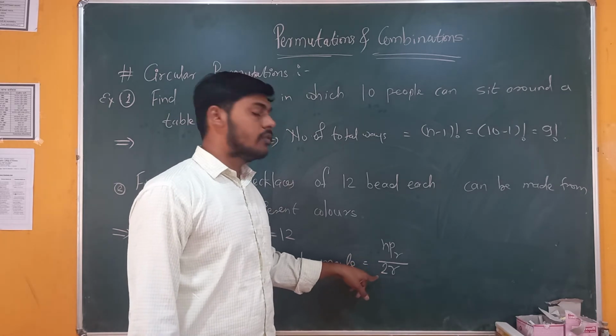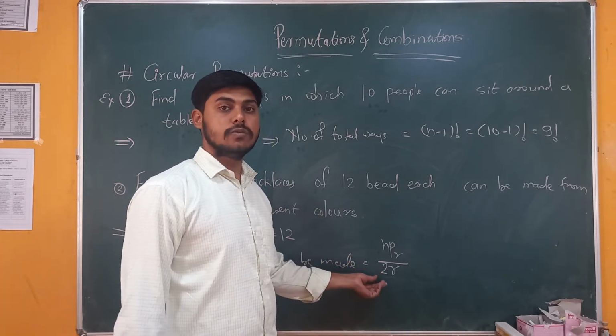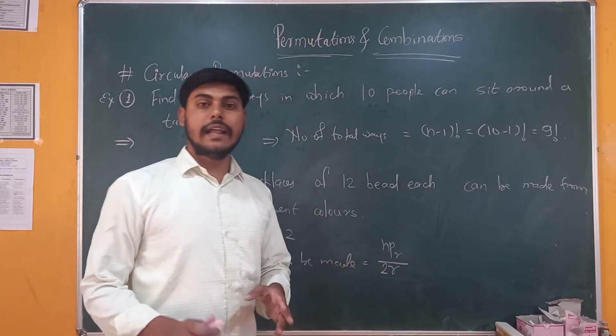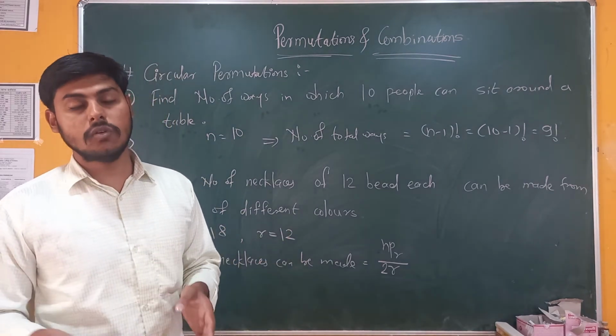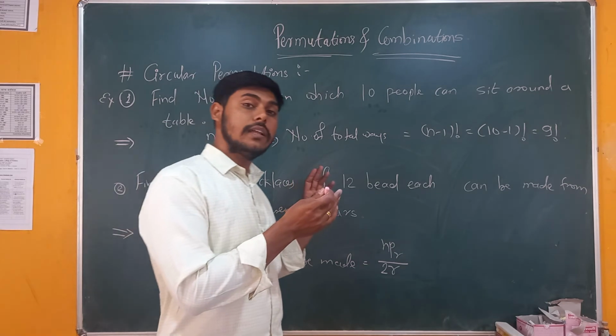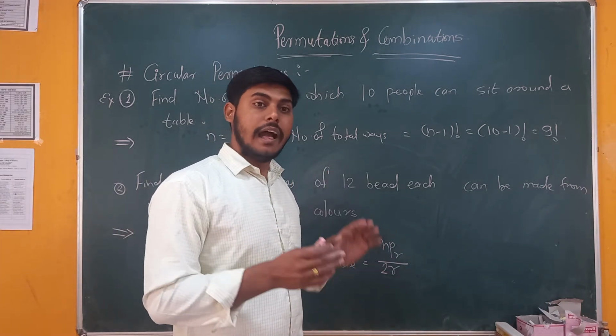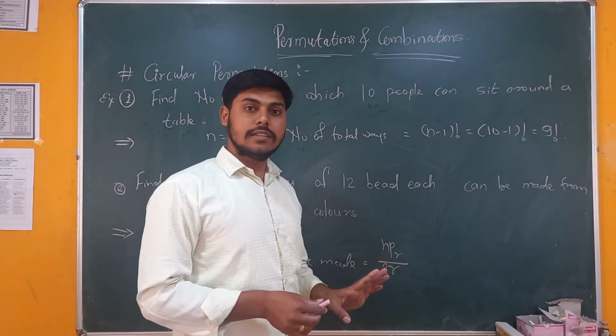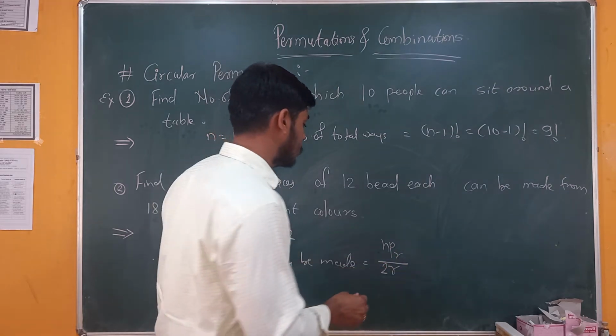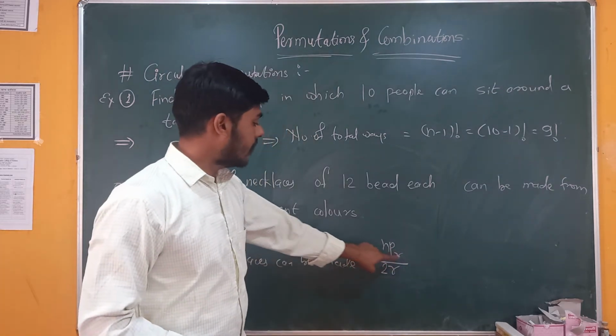Please take a look at why I am using this 2: because here clockwise and anti-clockwise directions are the same. The arrangement taken in a clockwise direction and the arrangement taken in an anti-clockwise direction are considered the same in the formation of necklaces. Therefore we are using nPr upon 2r.